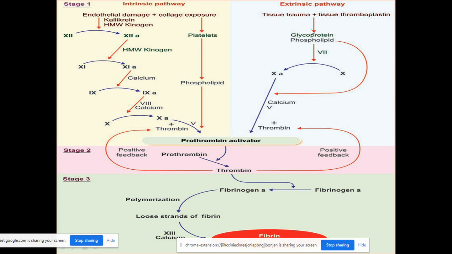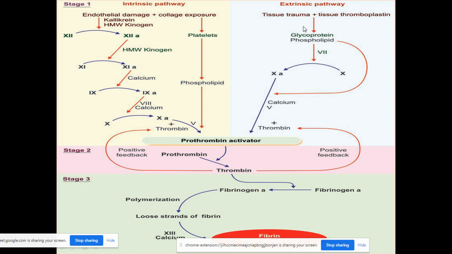So what is happening in the extrinsic pathway? Unlike the intrinsic pathway, here extrinsic damage occurs, that is tissue trauma. Then in the tissue there is a substance called thromboplastin. When there is a tissue trauma or injury in the tissue, glycoprotein and phospholipids will be released.